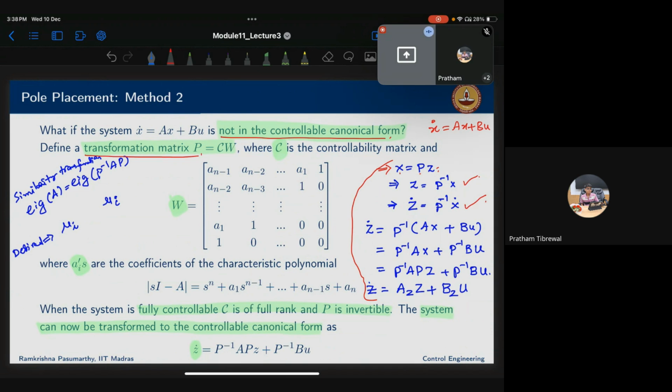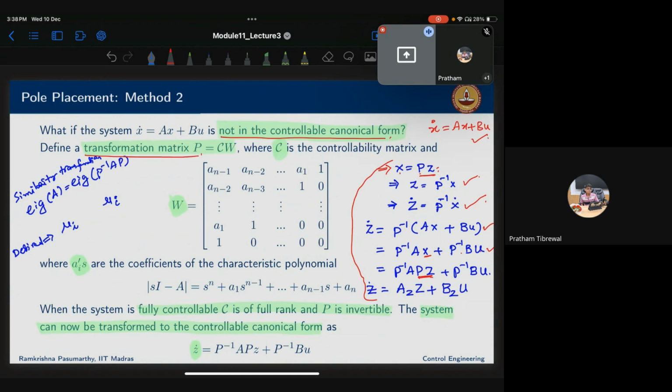Then you take the derivative: z dot is equal to P inverse x dot. We already know x dot is Ax plus Bu. So you will get P inverse Ax plus P inverse Bu, and x is nothing but Pz, which you substitute here.